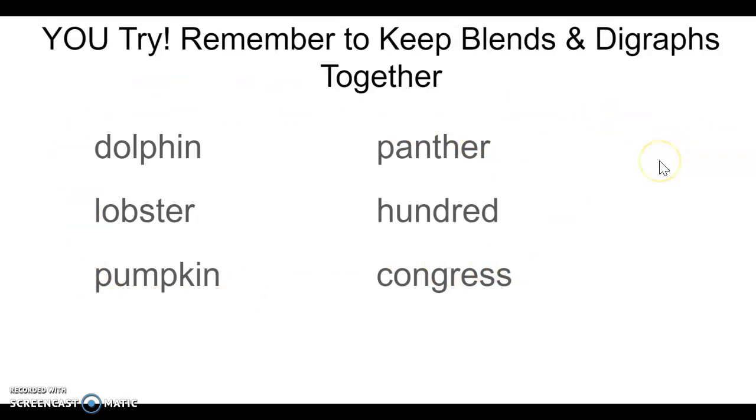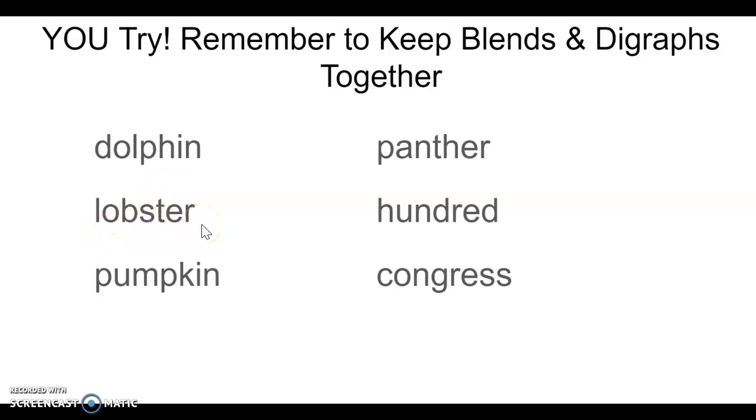And then you're going to try a quiz on Quizizz, which is really fun. I just made one for you. So like this word, dolphin. Well, PH is a digraph, right? So I'm not going to divide between here. I'm going to divide right after the L and before the PH.